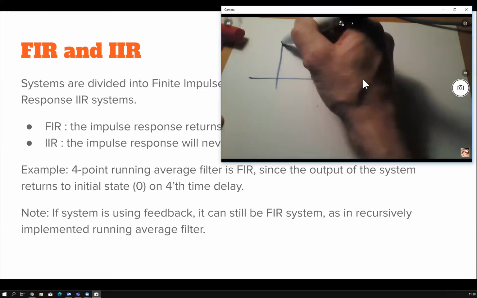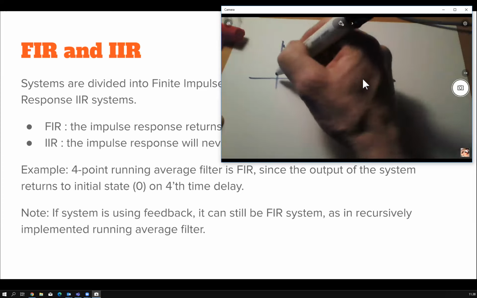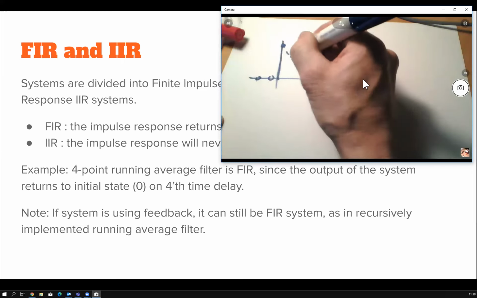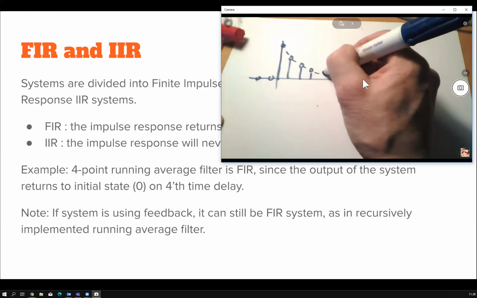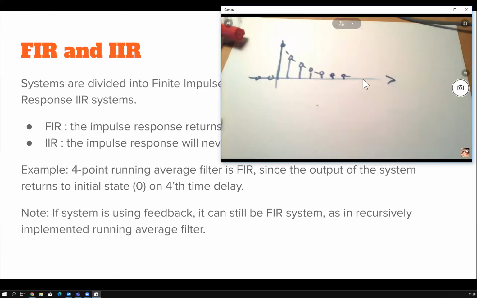If you get impulse in, you basically get, no, sorry, high pass filter. You get the exponential envelope, and the impulse response would look like that. It would have the exponential decay there for the RC low pass filter. And this is an infinite impulse response system.